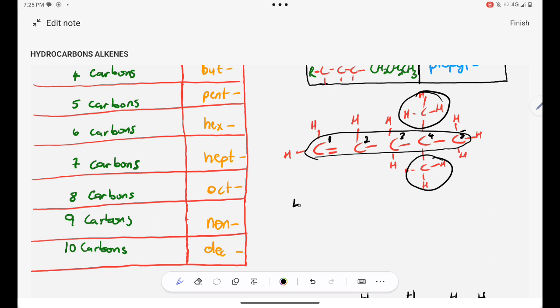So I know that at carbon number 4, I have dimethyl. And then since I have five carbons on my parent chain, the prefix will be pent. And then I need to say where my double bond is. My double bond is between carbon number 1 and 2. I will obviously pick a lesser number between 1 and 2, and the smallest number is just 1. So this is how, guys, you name your alkenes.